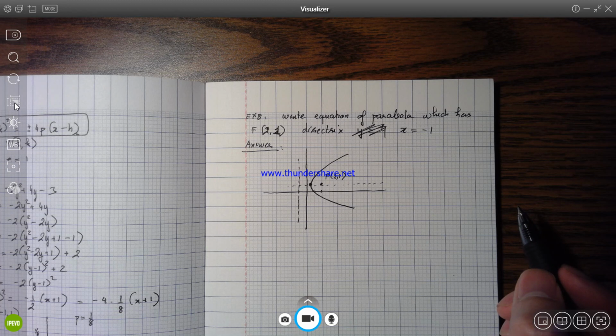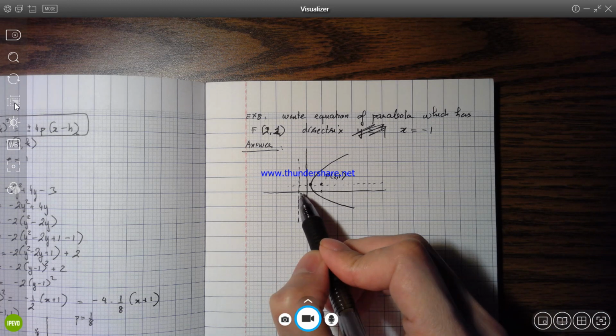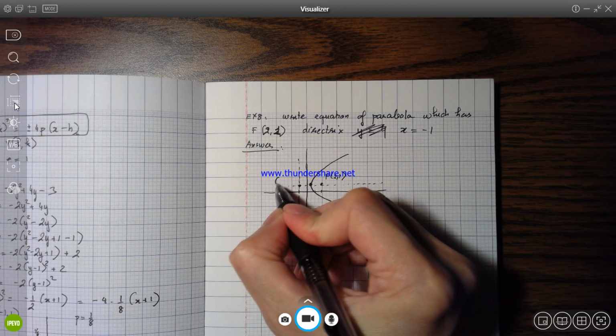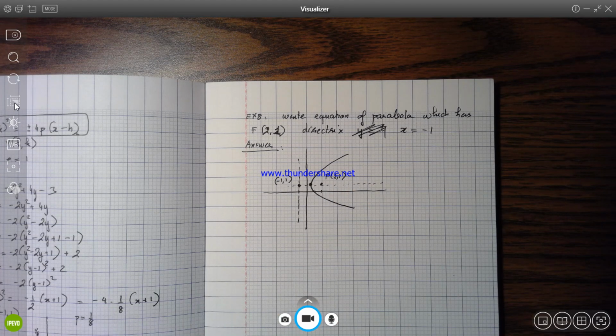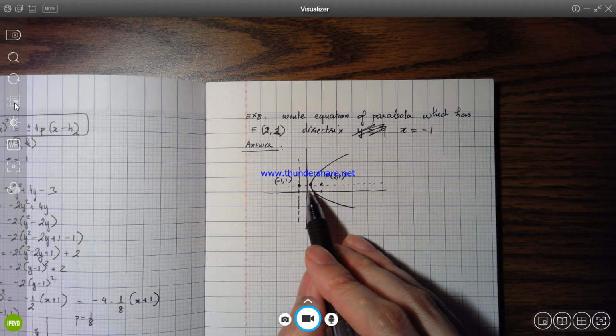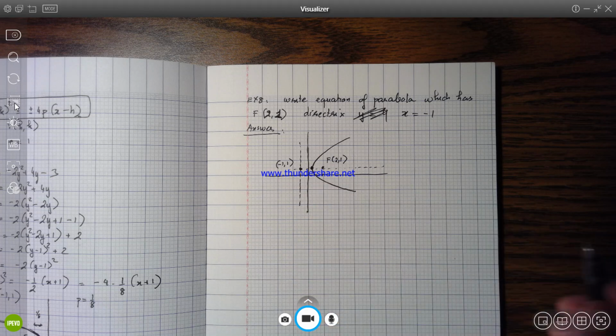And over here, the point on the directrix is (-1, 1). So we can find the coordinate of the midpoint easily, and the midpoint is the vertex.